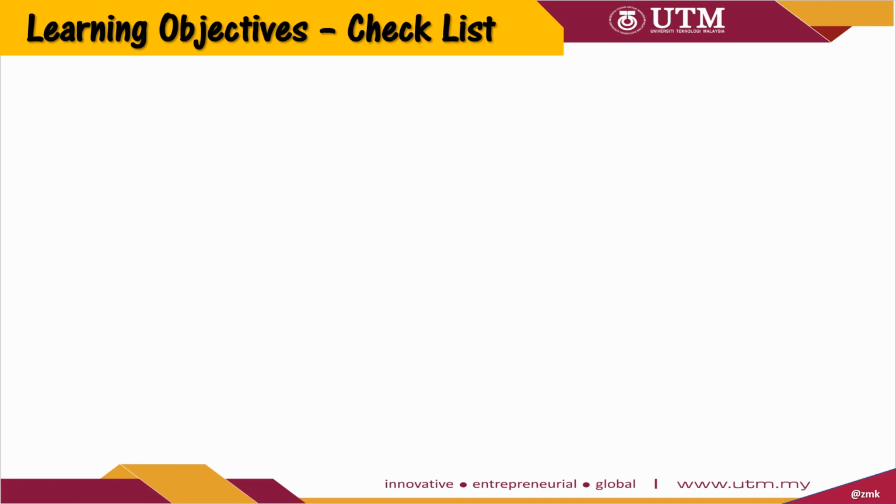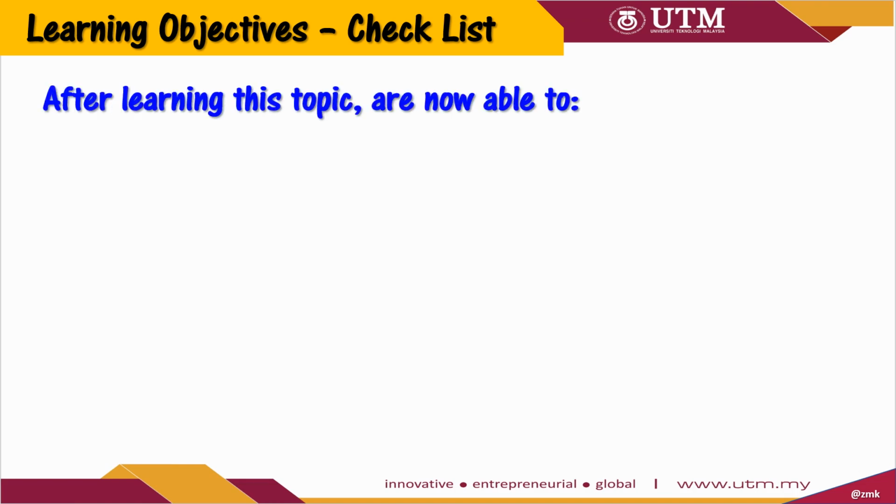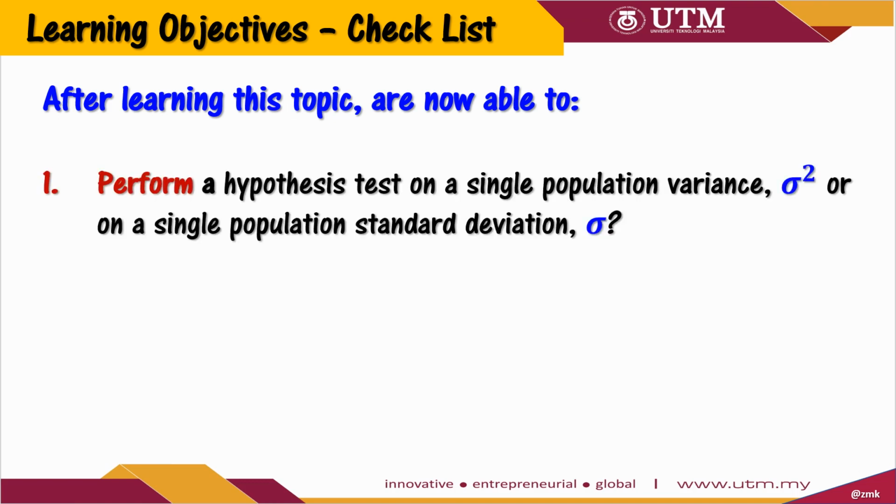Before we end this topic, as usual, let us do a checklist on this topic's learning objectives. At the end of learning this topic through this video, are you now able to attain the first learning objective, which is to perform a hypothesis test on a single population variance sigma squared or on a population standard deviation sigma using the correct procedure step by step?